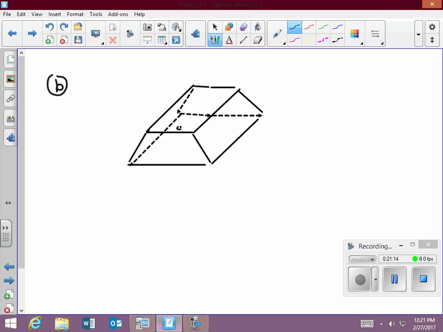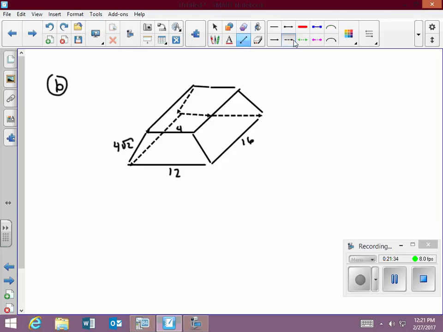This is 4, this is 12, and then these are 4 square root of 2, and then this is 16. That's an isosceles trapezoid.